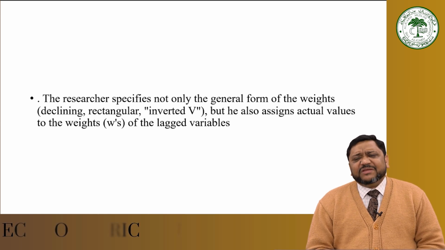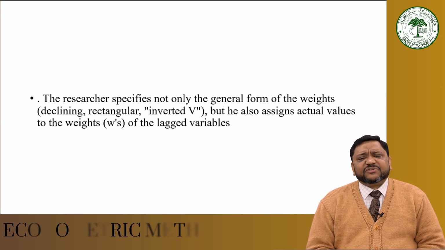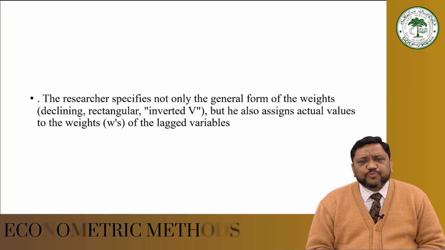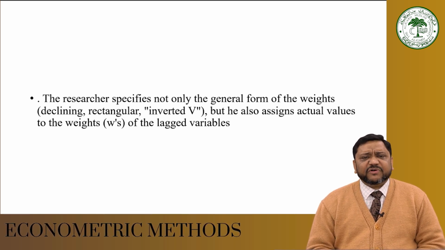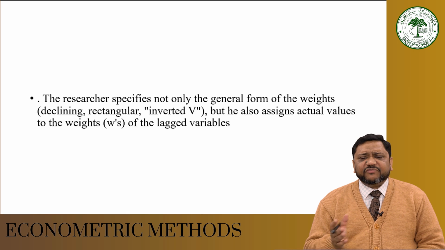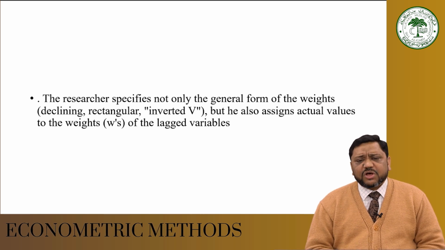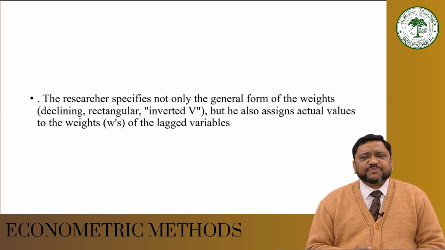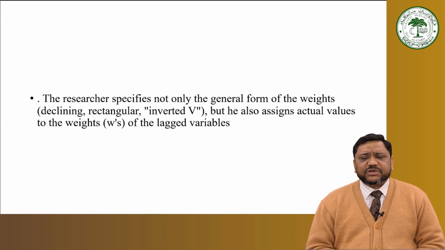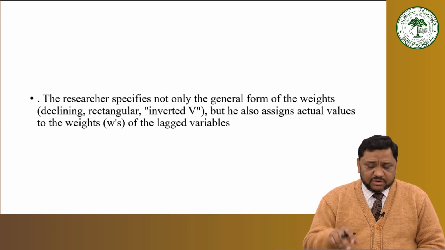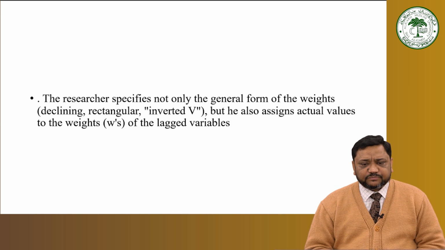In many applications, economic considerations may suggest the most probable pattern of lag structure. For example, in a consumption function, the declining weights of the past levels of income seem more plausible, while in an investment function where the lagged x are past capital appropriations, it may be more reasonable to assume an inverted V scheme.